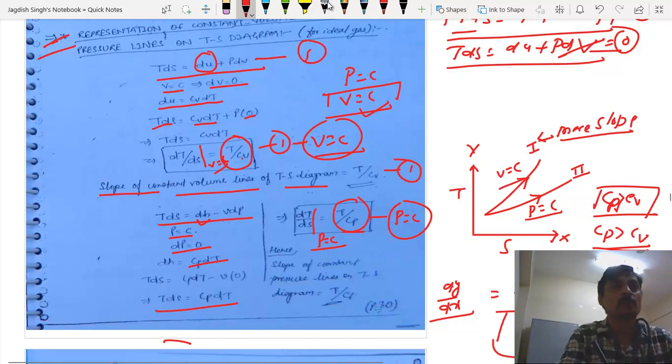So whenever two curves are plotted on a TS plot and we have to find which one is isochoric and which one is isobaric, the curve having more slope will be the isochoric process, and the curve having less slope will be the isobaric process. Because the slope of an isochoric process is T by Cv and the slope of an isobaric process is T by Cp, and Cp is greater than Cv. That's why the slope of an isochoric curve will be more than that of an isobaric curve. This is a very important discussion.